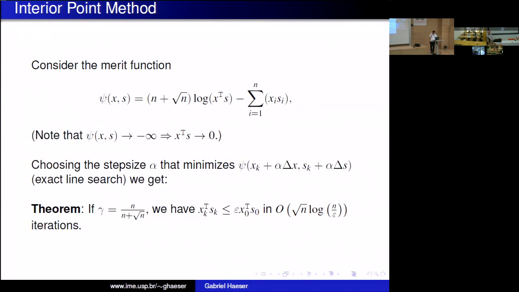And there are many things that I could say about interior point methods. Well, maybe I couldn't because I don't know much, but there are a lot of things done for interior point methods. In particular, you can show that it's a polynomial algorithm. So there's this idea of considering a merit function.